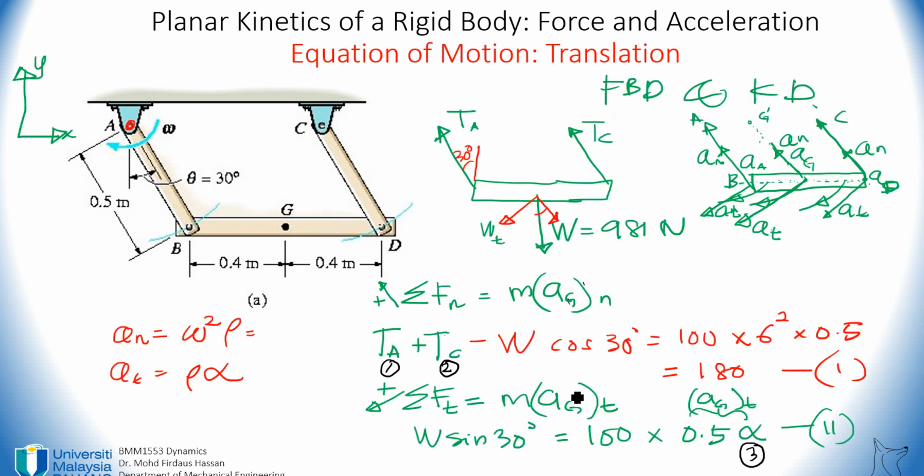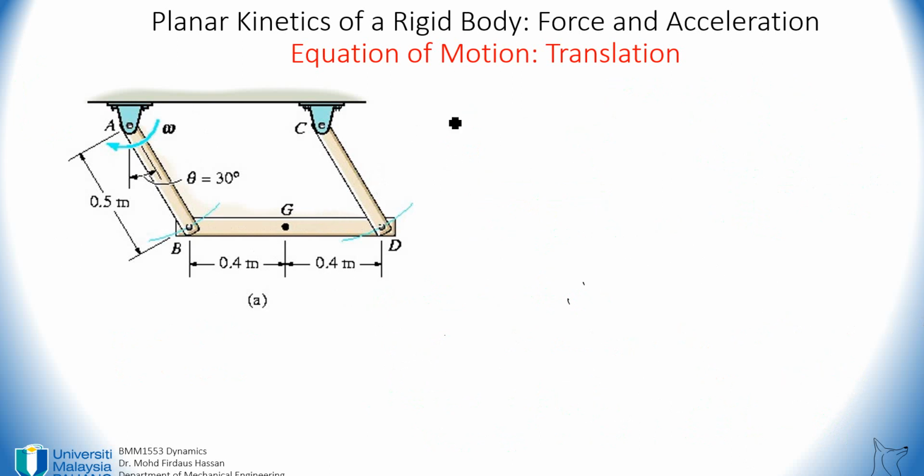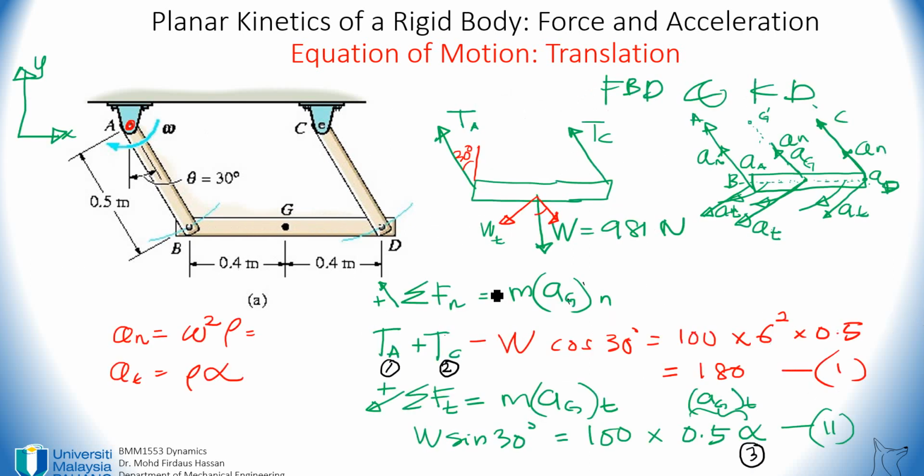If you go back to the first and second equations, since TA is equal to TC, we can change either one. We remain the TA, replace TC by TA.